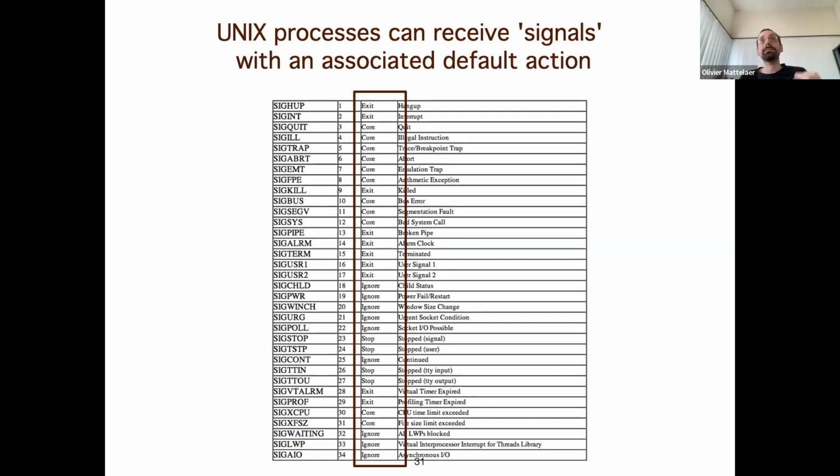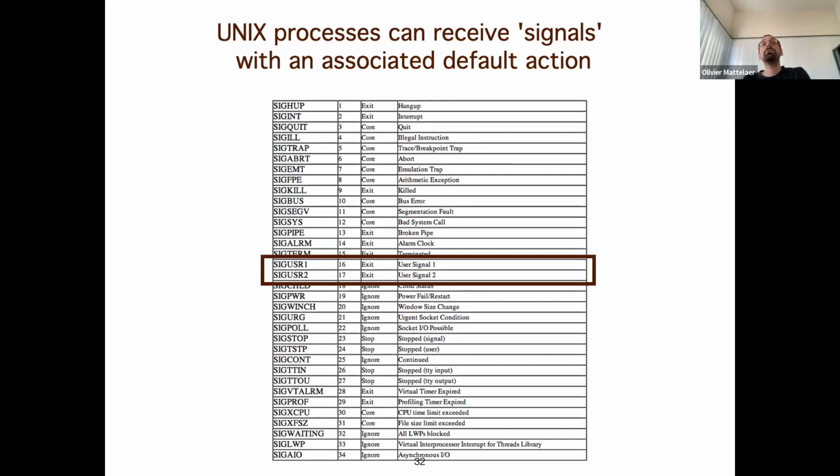In any case, when the program receives a signal, it will do something with it. Either you can define what it does, or there's a default action, which is most of the time to quit the program or just ignore it. That of course depends on what you want to do. There are two signals which are quite particular, called SIGUSR1 and SIGUSR2.